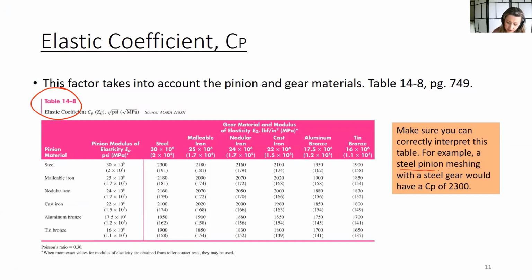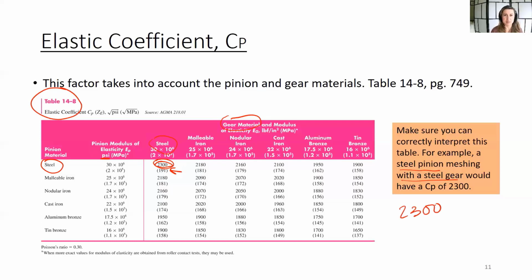Let's say we have a steel pinion meshing with a steel gear. What would be the elastic coefficient? Pinion material steel, gear material steel. The first row corresponds to psi, the second row corresponds to MPa, and we're doing everything in US customary units, so we use the first row. So 2,300 would be your answer.